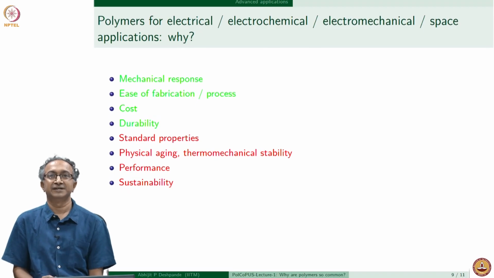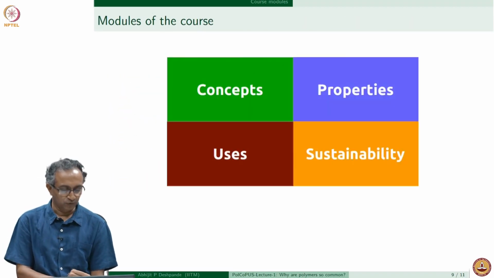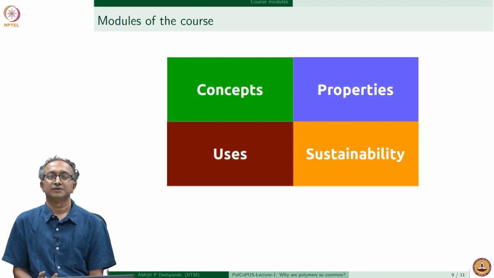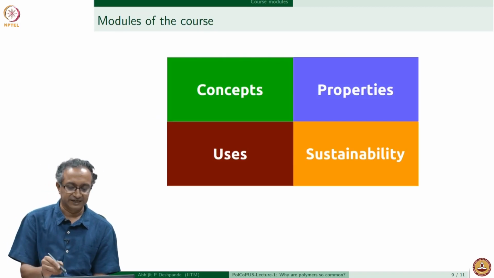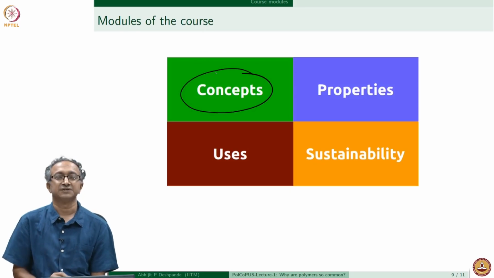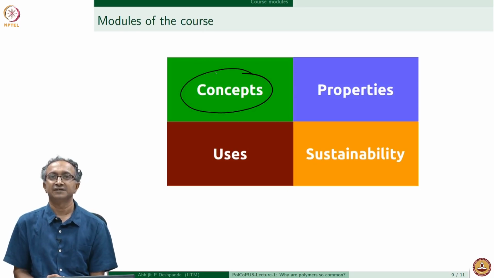So keeping this in mind, this course will have 4 broad sets of lectures. In one set of lectures, we will look at the concepts. We will try to learn the basic framework of how to analyze polymers, how to understand what is meant by crystallinity in polymers and things like that. So concepts associated with polymers.